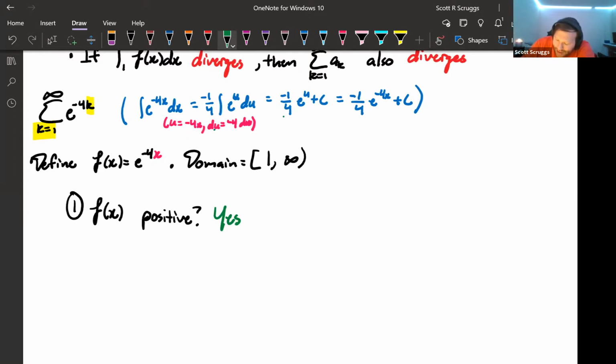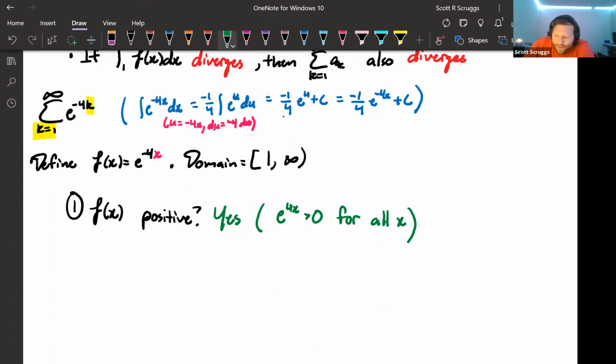And the reason why is recall that an exponential function is positive no matter what value I plug in.